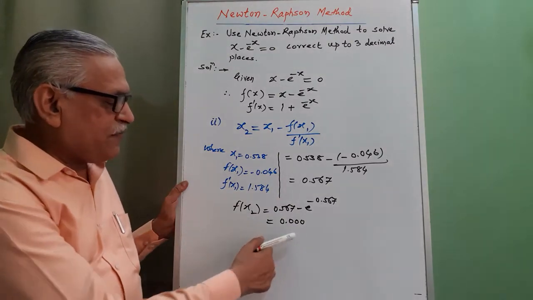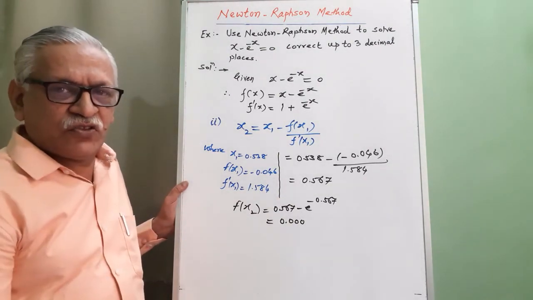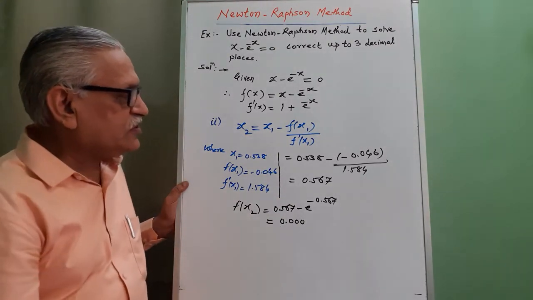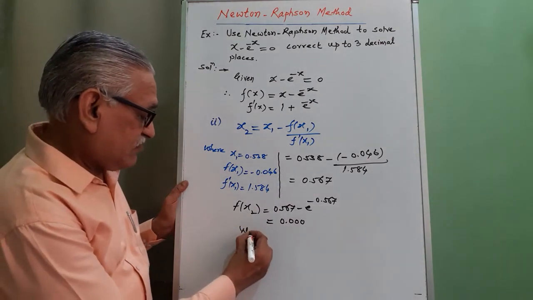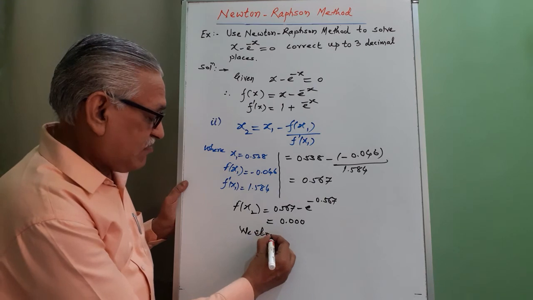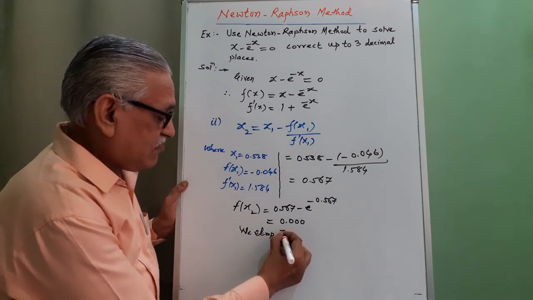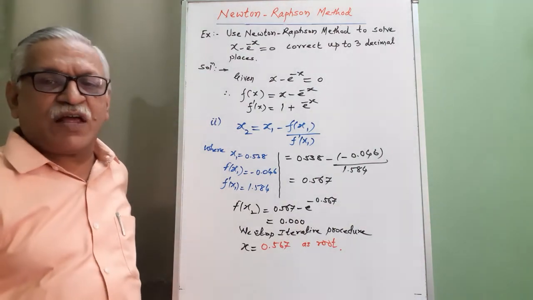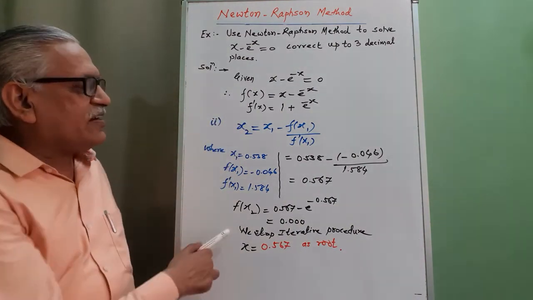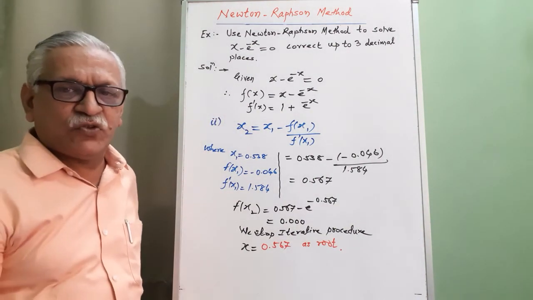As the value of f of x2 is exactly 0.000, we stop the iterative procedure. By the Newton-Raphson method, the iterations required are only 2.